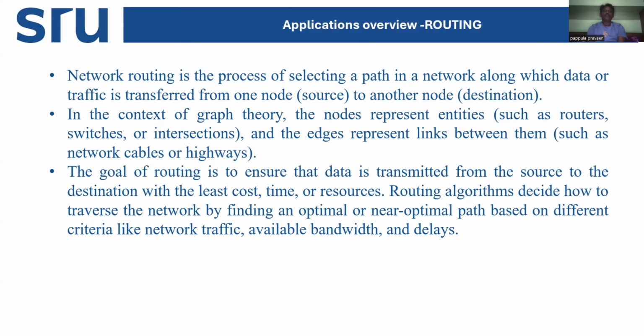The goal of routing is to ensure that data is transmitted from the source to the destination with the least cost, time, or resource. Routing algorithms decide how the data travels across the network by finding an optimal or near optimal path based on different criteria like network traffic, available bandwidth, and delays.